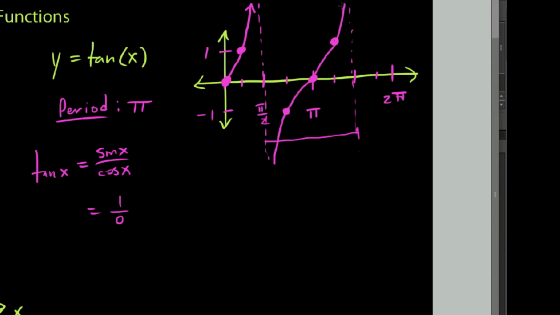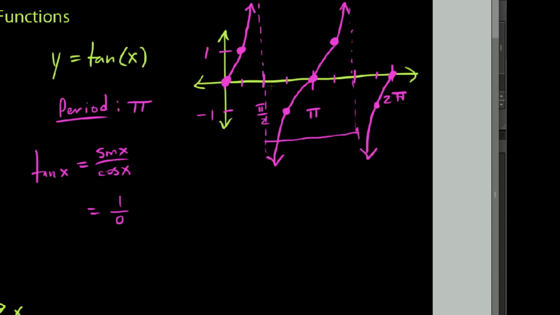So what do I want to know about tangent? I want to know that it has a period of pi, and it keeps repeating itself throughout. It looks kind of like this, but it would keep repeating itself every pi units on the x-axis, and it goes from negative 1 to 0 to 1 throughout its period.